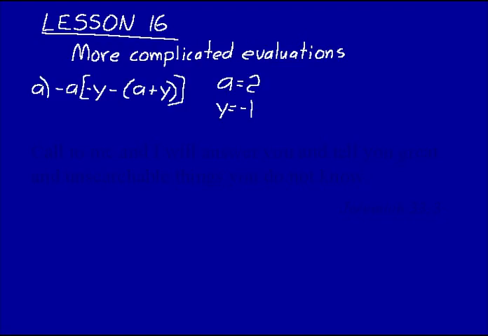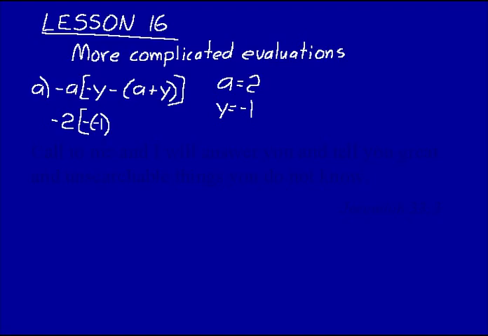Look at practice problem A, and you have that expression there, and what I want you to do is to evaluate that expression when A is equal to 2 and when Y is equal to -1. So let's just go ahead and substitute the numbers in and line it up right underneath that expression. And so A is 2, and we would have -2, and then we have a negative or a minus Y, so we have minus parentheses -1.